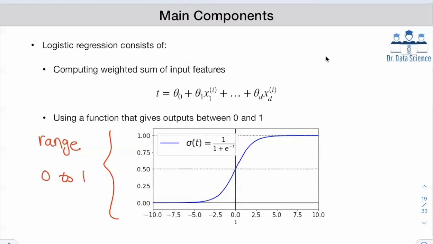So what this means is that for any input that we give to this function, the output or the range of this function is always between 0 and 1, which is great, meaning that we can interpret this number as a probability score.